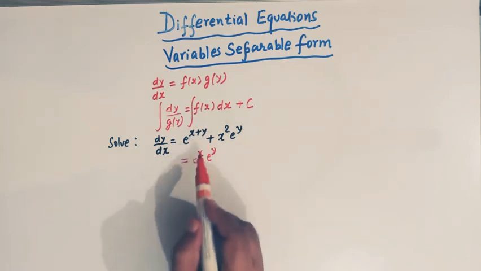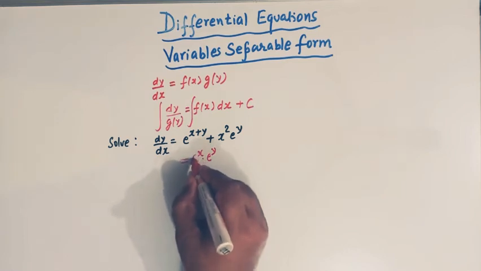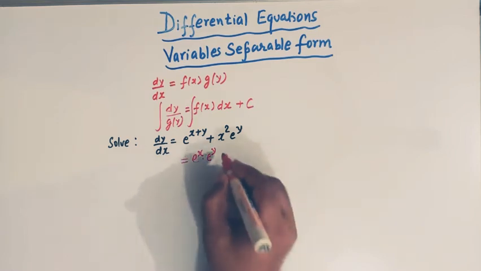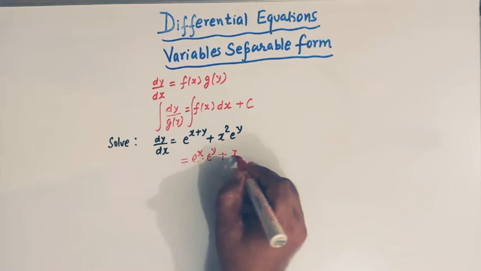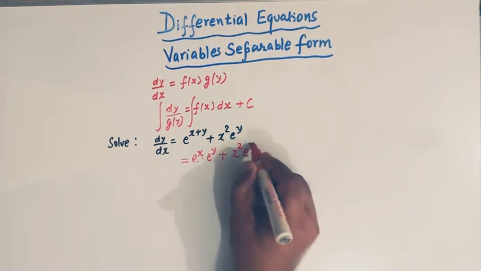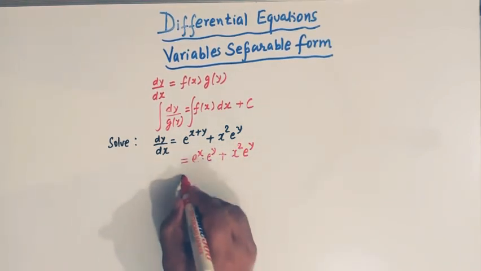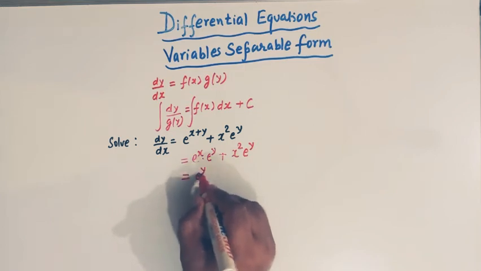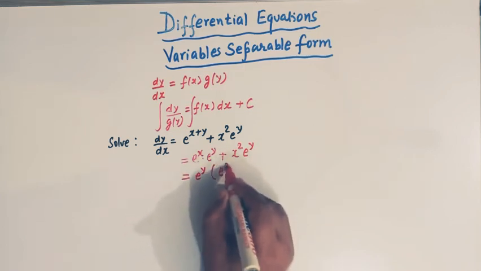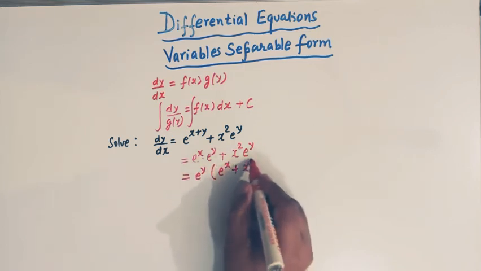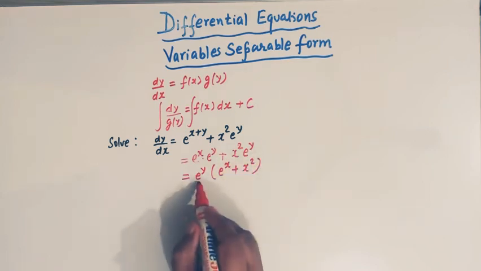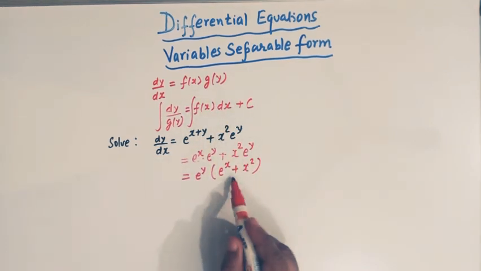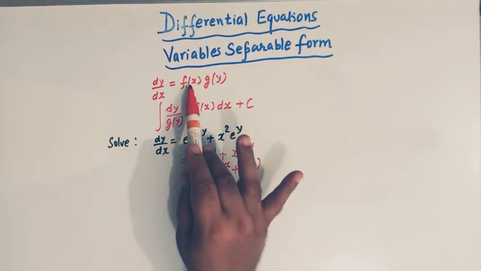And then we have x square times e raised to y. Now we can take e raised to y common, so we have e raised to x plus x square, and this is the function of y and this is the function of x.